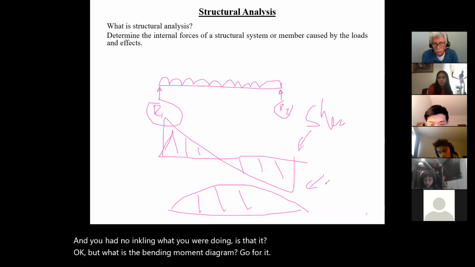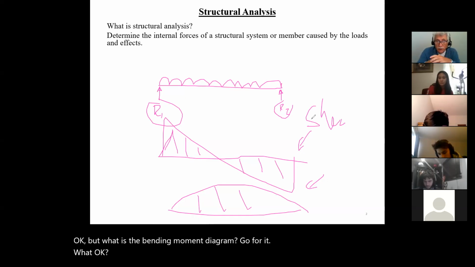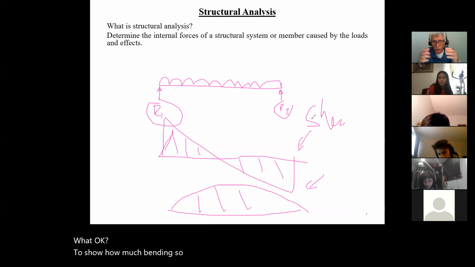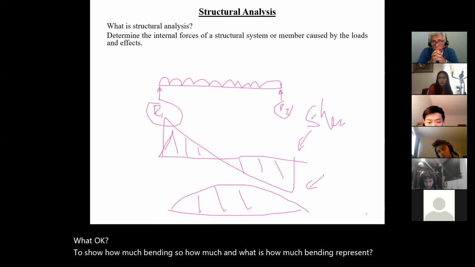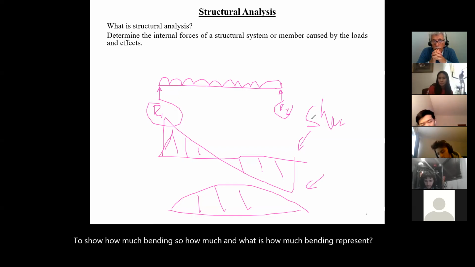To show how much bending it is. Well, okay. To show how much bending. So how much, and what does how much bending represent? Okay, let's start with this.